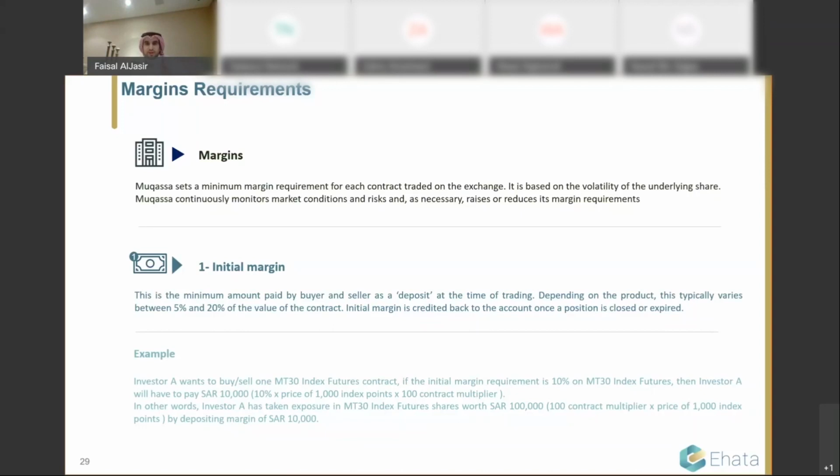The initial margin is credited back to the account once a position is closed or expired. And there is an example for you on that same concept.